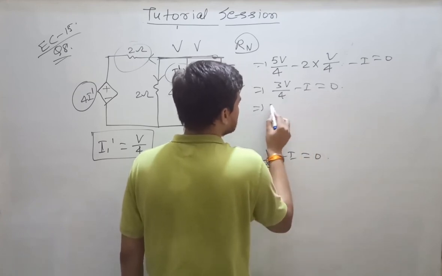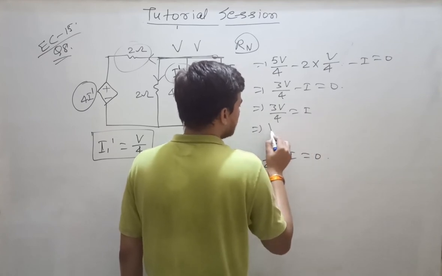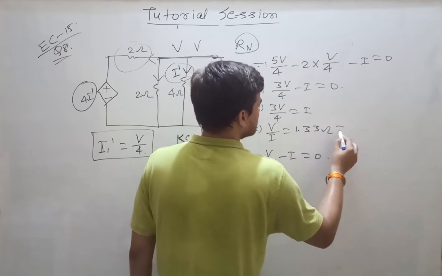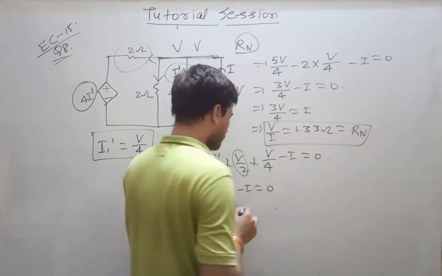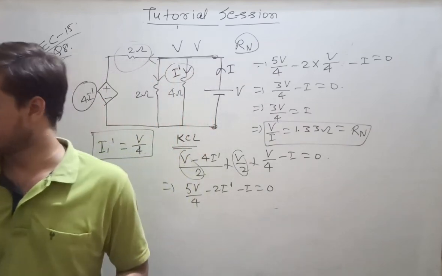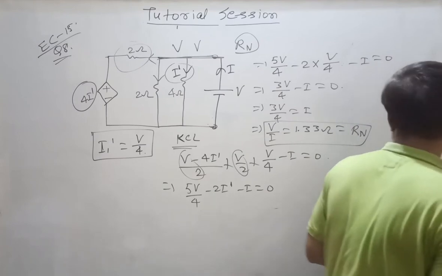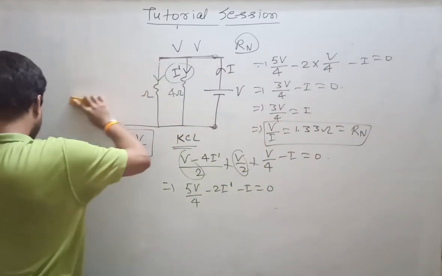That means 3V by 4 minus I equal to 0, so 3V by 4 equals I. From here V by I will be equal to 1.33 ohm. This will be the value of Norton's resistance Rn. Clear? Let us discuss some more problems.